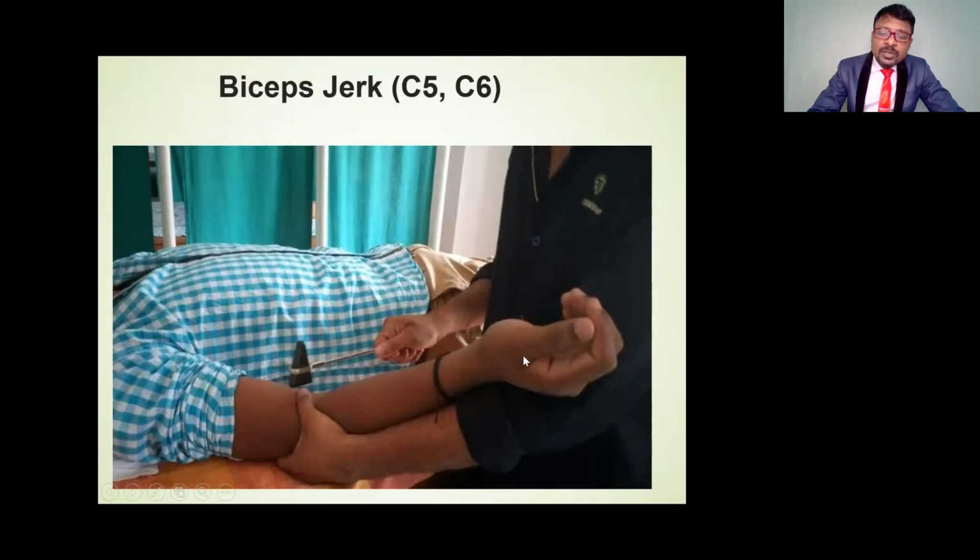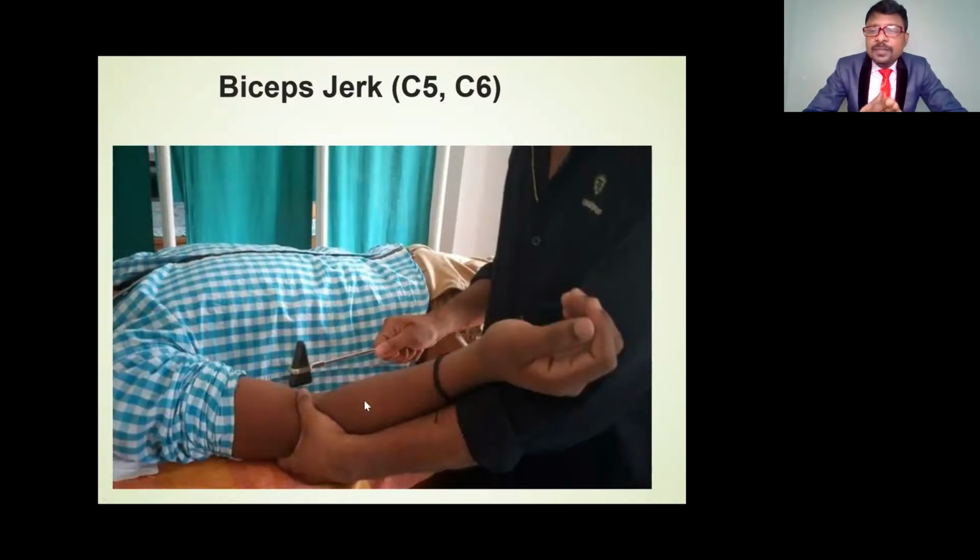We place the thumb over the biceps tendon. Without placing the thumb, if you tap with the reflex hammer, you won't get a proper response. If we place the thumb over the tendon and tap over it, the stimulus travels along the afferent, sensory neuron to the spinal cord. The spinal cord gives the motor response, leading to contraction of the biceps. The response will be elbow flexion.